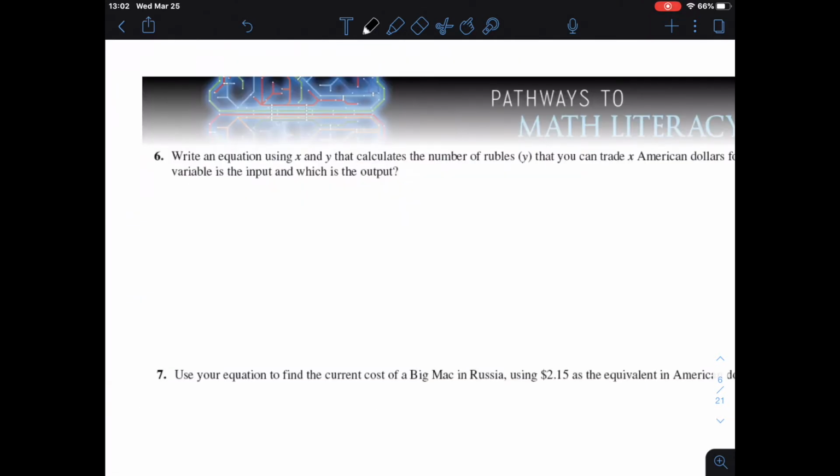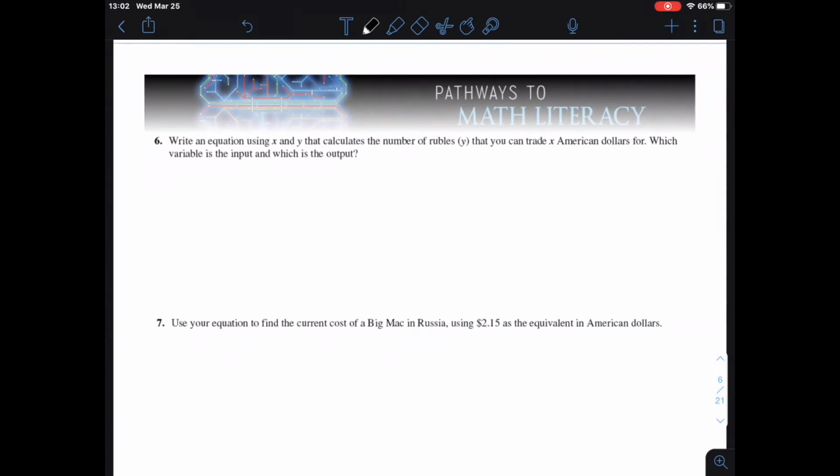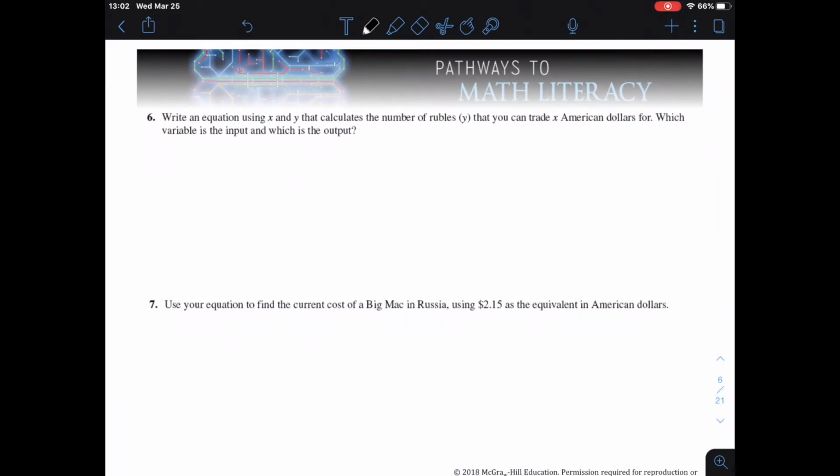Okay? So with that, we're able to create the equation. Remember, to write a linear equation, you need the rate of change and the initial starting value. In this specific instance, we're going to let y be the number of rubles.